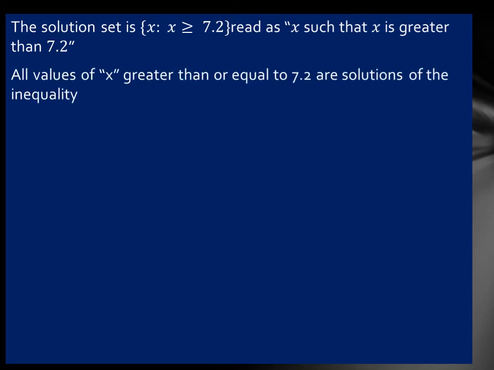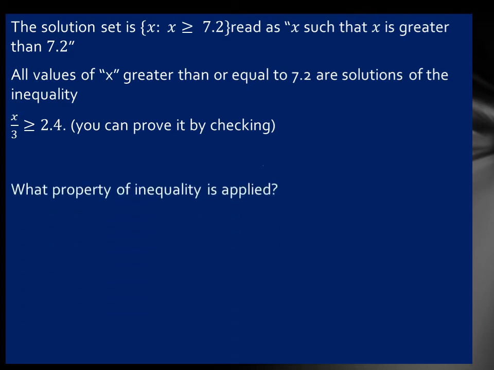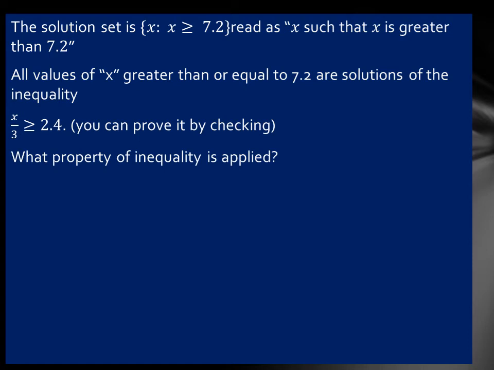All values of x greater than or equal to 7.2 are solutions of the inequality x divided by 3 is greater than or equal to 2.4. You can prove it by checking. But first, let's answer this question.